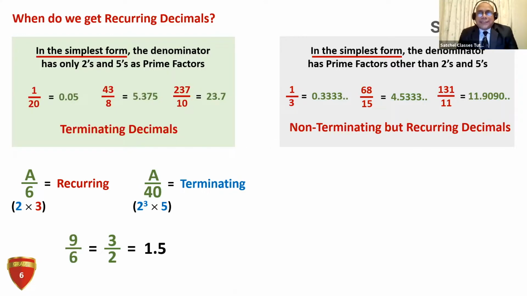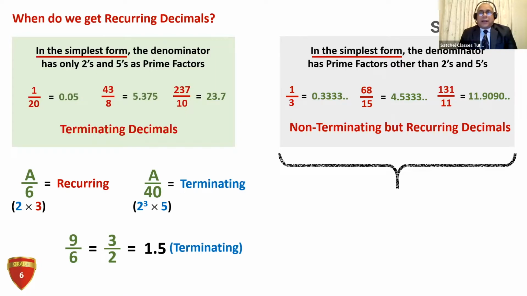So make sure you understand that bit about fractions being in their simplest form. Secondly, one little thing about recurring decimals: 0.3333. Instead of writing 3333 infinitely, one way of writing it is putting a dot over 3.